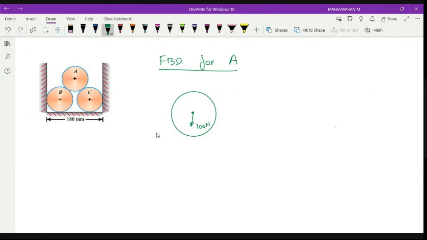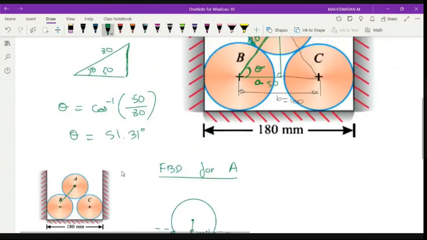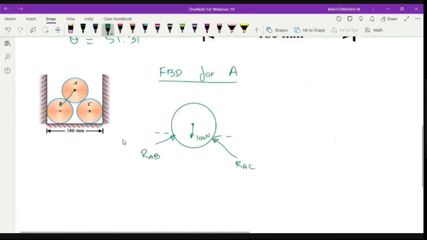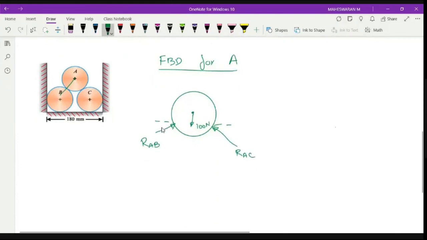One is like this, R_AB. The other one is like this, R_AC. The angles of R_AB and R_AC, you already identified with respect to the horizontal. We identified it as 51.31 degrees. So both are 51.31.